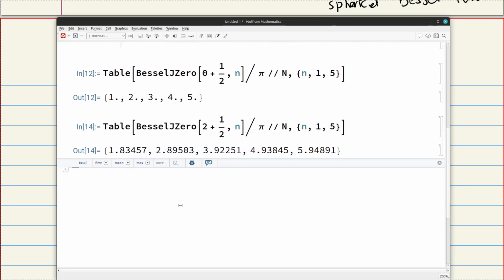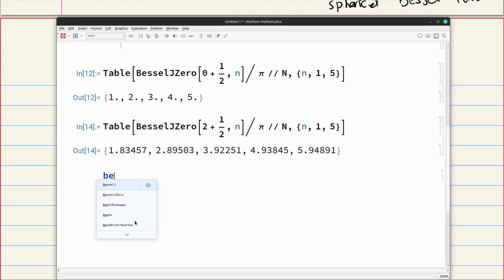So for that, I define something like this. Let me first put this beta in a function so that I don't have to call this BesselJZero, blah, blah. So the input is L, and n, and its zero should be this thing.